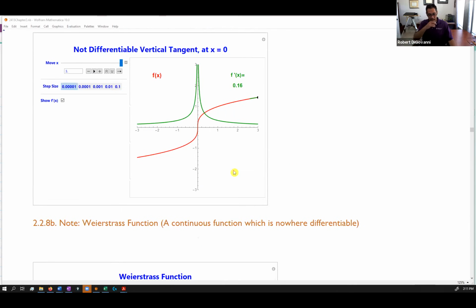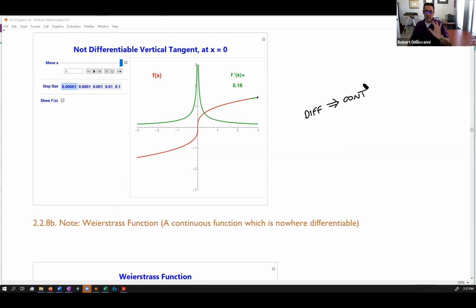So last thing here. Mathematicians are weird. Once we have theorems, we always start to go down these weird, dark alleys, right? And start to ask these really crazy questions. So we know there's a theorem that says differentiability implies that you're continuous, right?